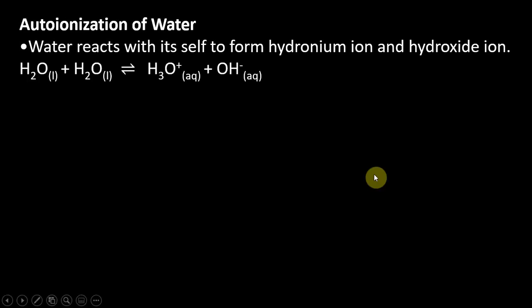So how do we get that? Well, we have this autoionization of water property where water actually reacts with itself to form a hydronium ion and a hydroxide ion. And this equilibrium is always in play in any solution that contains water. So there's always going to be some hydronium ion concentration.